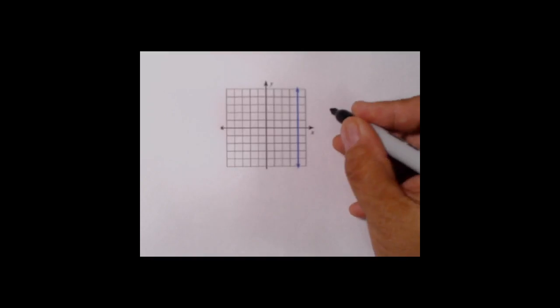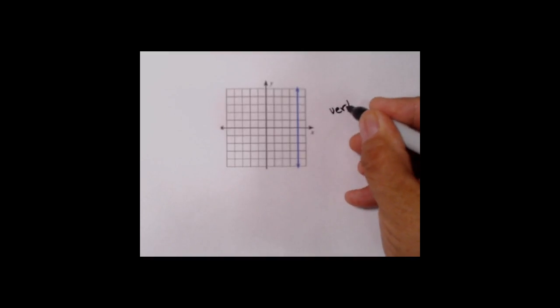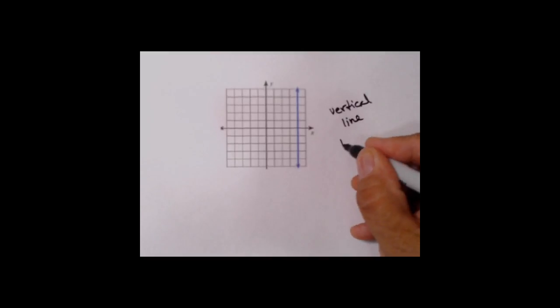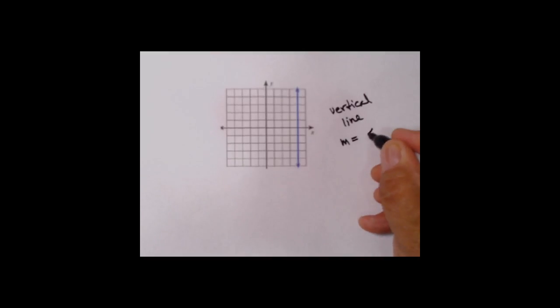But anyway, any vertical line that we get, then you just remember it's m equals, you can either say infinity or undefined. Undefined means we can't write the answer down. The number's impossible to write because it just keeps on going. And infinity indicates the same thing. Okay, well, as we see, it's very simple then, given a graph line, to be able to find out what the slope happens to be.